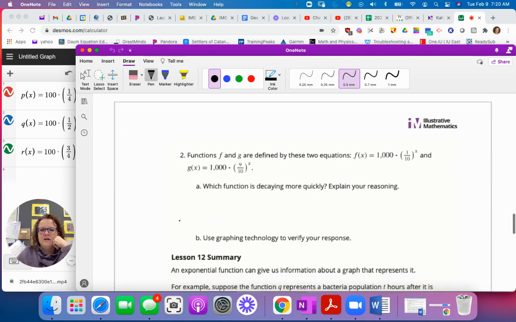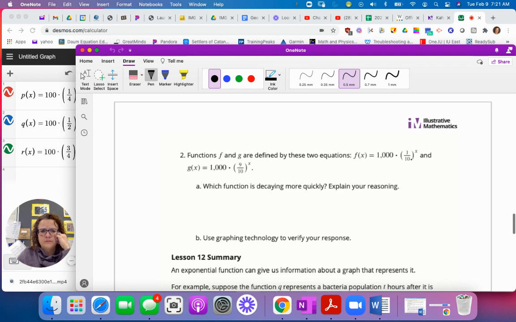Functions f and g are defined by these two equations. Our initial amount times 1/10 of it remaining each time period, and 1,000 initial value, and 9/10 remaining, losing 1/10 each time period. Which function is decaying more quickly? Explain your reasoning.